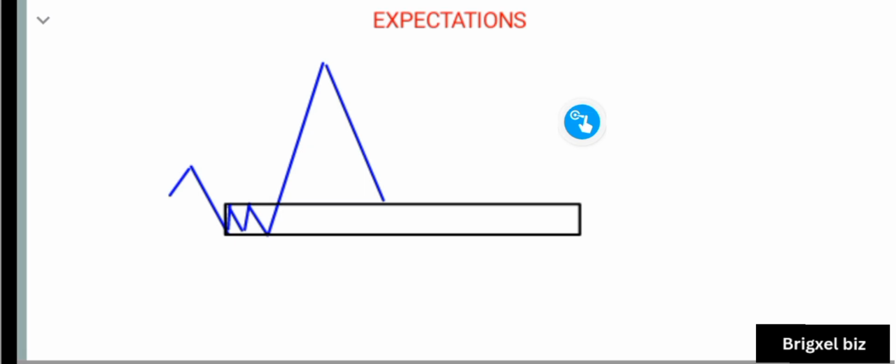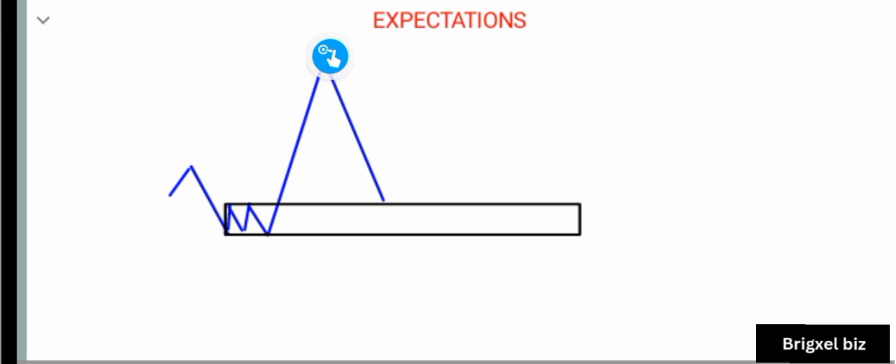All right, why are we learning about demand and supply zones as technical analysts? What are we expecting from these zones? Well, let's look at this example here. Here is a demand zone. We can see price starts from here, drops to this level, bases out, and moved aggressively upwards towards this direction.